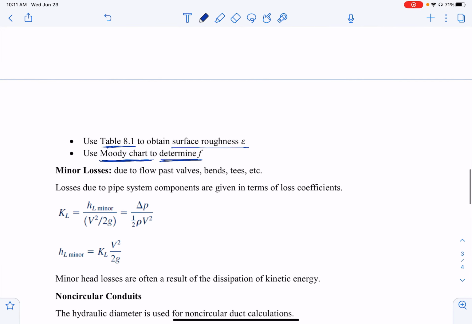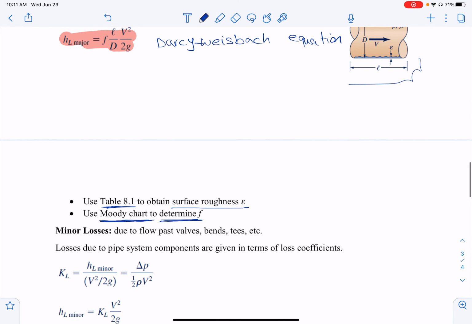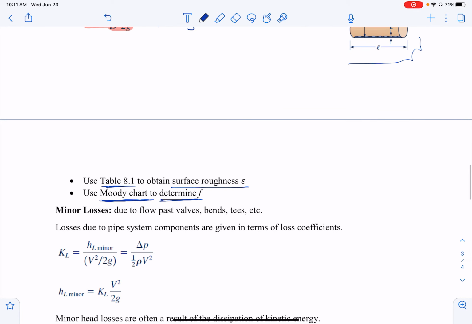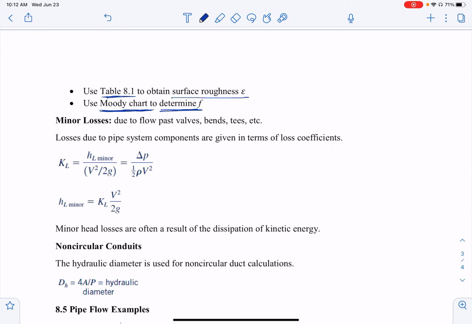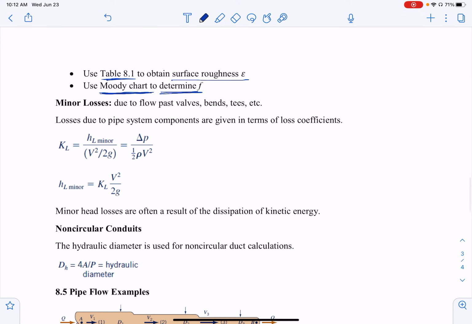So we talked about the major loss, and now we're talking about the minor loss. Minor loss happens mostly due to flow past valves, bends, tees, etc. So let's first define KL.